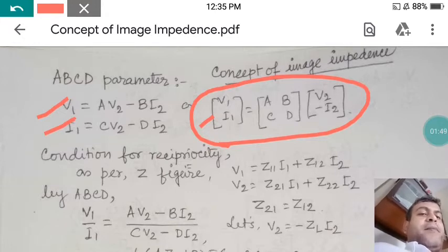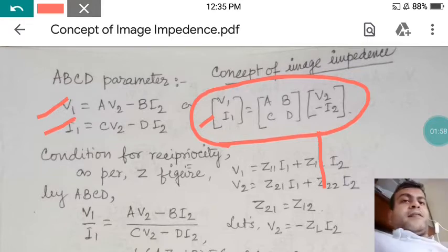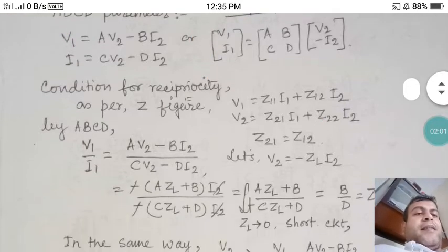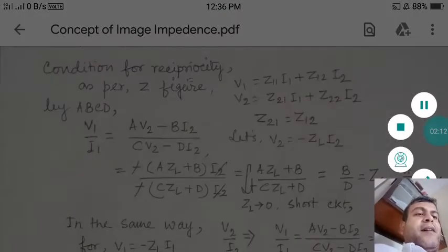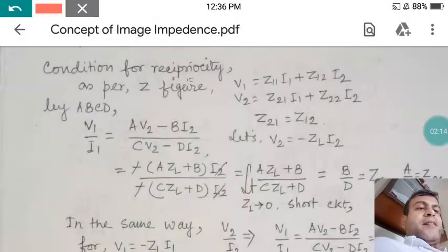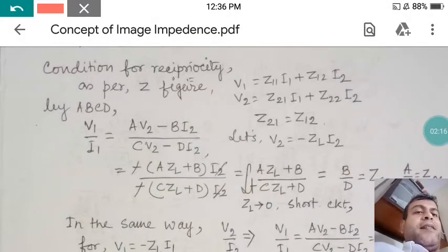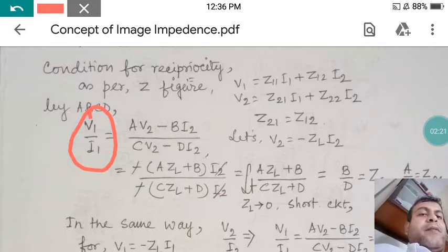Now, how to do this by ABCD? V1 by I1 equals AV2 minus BI2 over CV2 minus DI2. So V1 by I1 means Z1, or the input impedance.